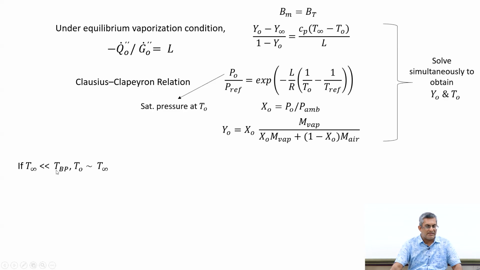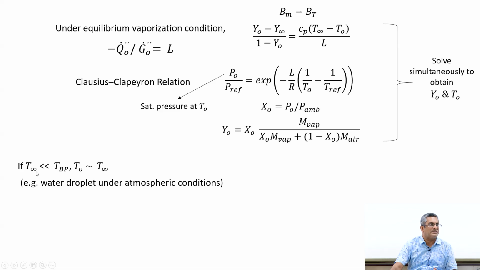An example is this: if the ambient temperature is much lower than the boiling point, for example, what we just discussed, a water droplet evaporating under ambient condition. In that case, yes, T naught has to be less than T infinity, but it will be very close to T infinity.